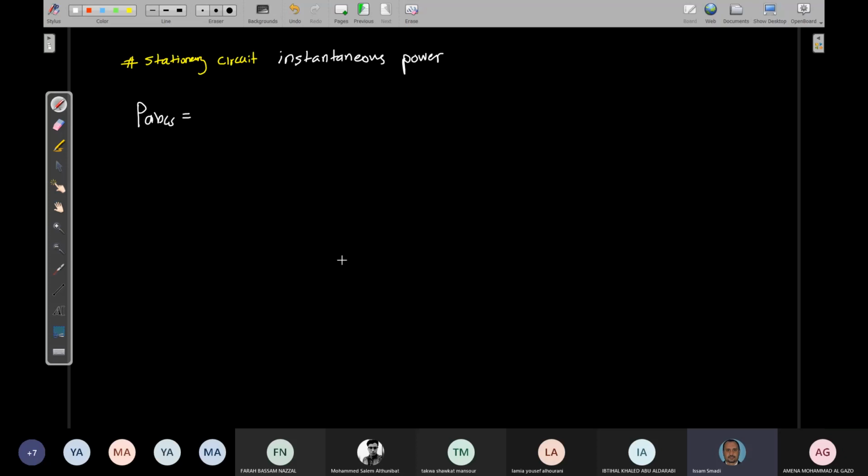Who can tell me the power in the stationary circuit equals what? Doctor, it should not change. Yeah, which will equal VAS IAS plus VBS IBS plus VCS ICS.